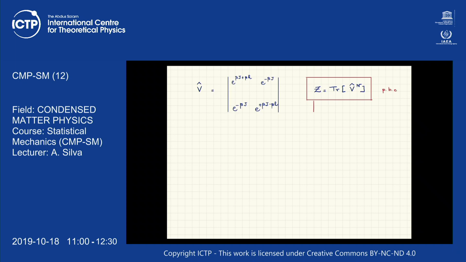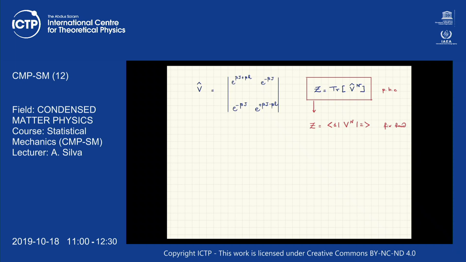If you don't have periodic boundary conditions, but for example you fix the boundaries, then you can generalize this expression to have something like this: boundary 1, V to the n, boundary 2, where these two states, 1 and 2, are just two 2 by 2 vectors that represent the boundary condition that you put on site 1 and the boundary condition that you put on the last site.